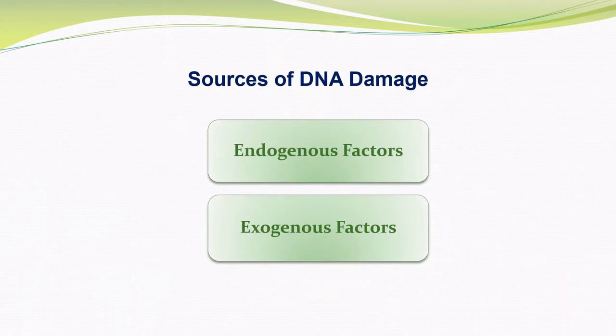Now, the question is why and how the DNA gets modified or damaged. You see, both exogenous and endogenous factors are responsible for the DNA damage. Exogenous factors are the external factors, and the endogenous factors are the internal factors.